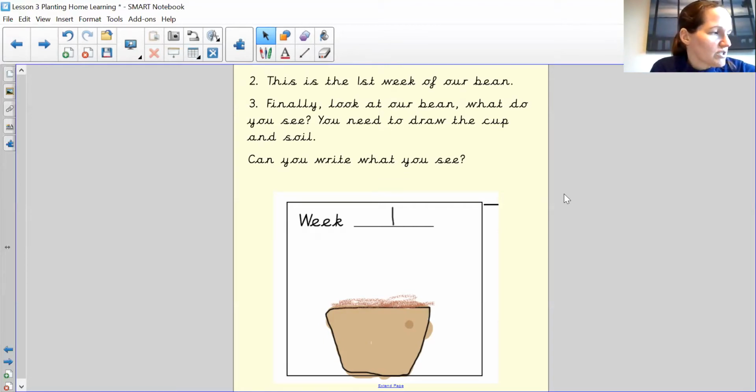So on your blank piece of paper, underneath where you've written your observation, I want you just to write week 1, and then draw me a picture of the planting pot and just the soil, because we can't see anything yet. So if you'd like to pause the video, you can pause it here, and you can draw your picture of what you can see.